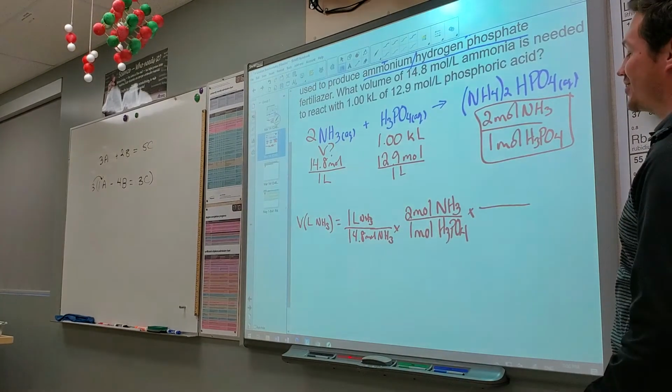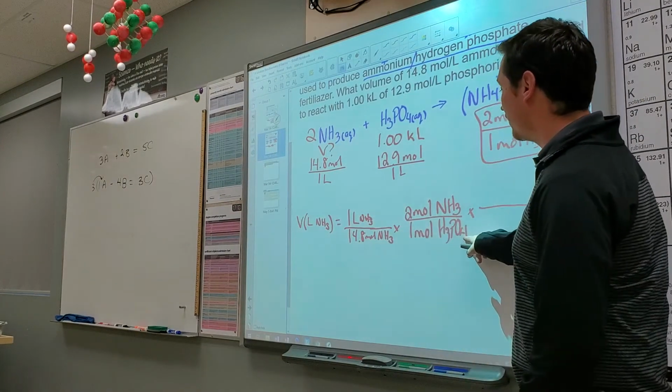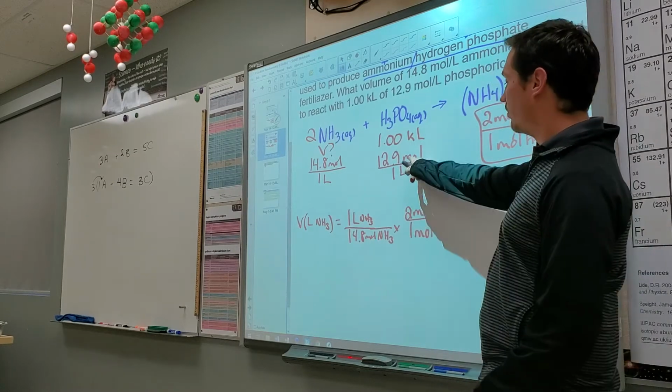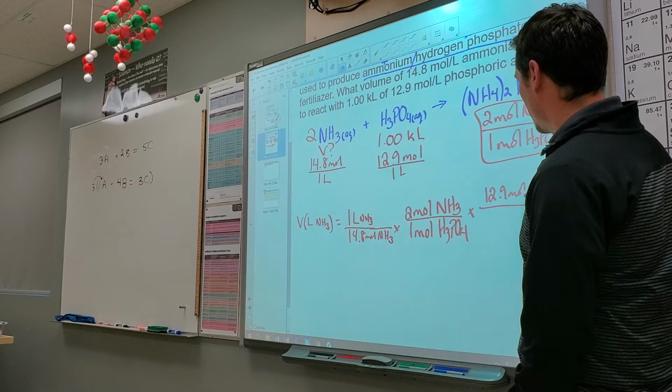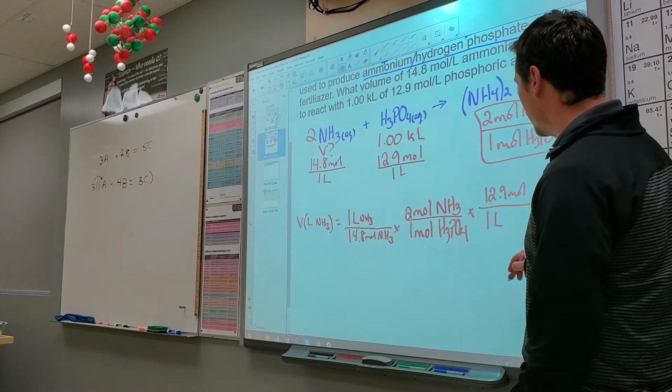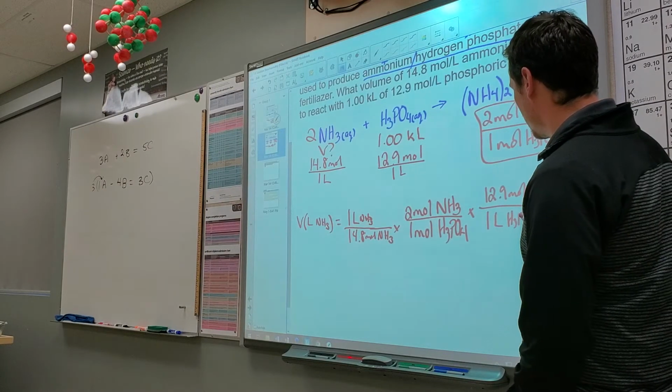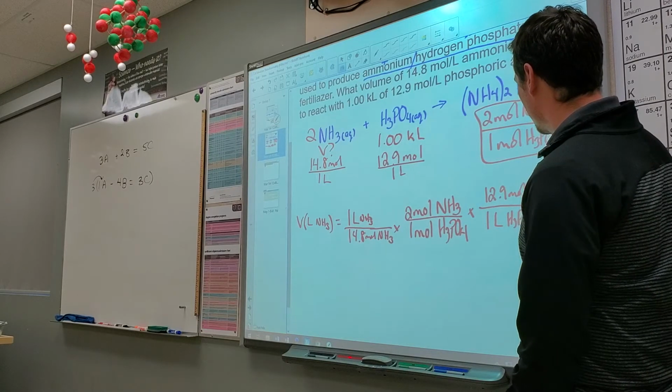Okay, let's try this. You got to cancel out moles of phosphoric acid. We have moles of phosphoric acid here. Moles in 1 liter of phosphoric acid, H3PO4.